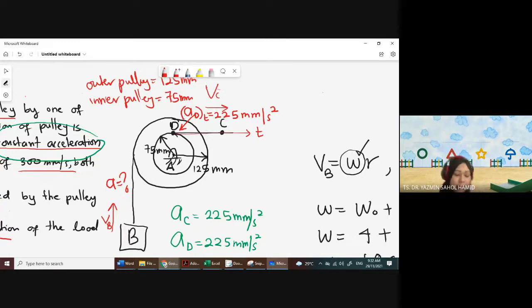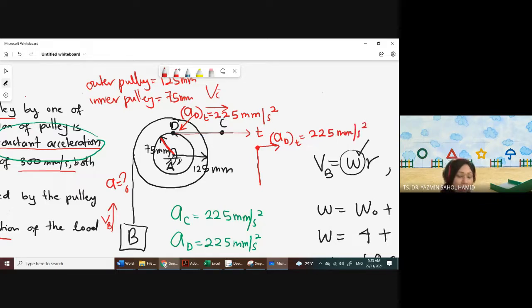Okay, now, dia nak acceleration of point D on the rim of the inner pulley. Acceleration ni. Let's say saya lukis balik. Point D kat sini acceleration dia berapa? Yang ni adalah A_DT, 225 millimeter per second squared.